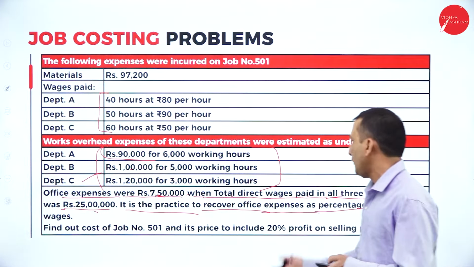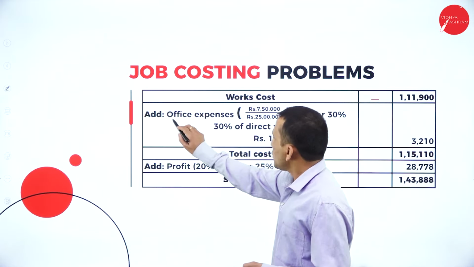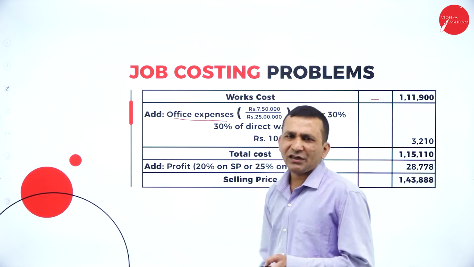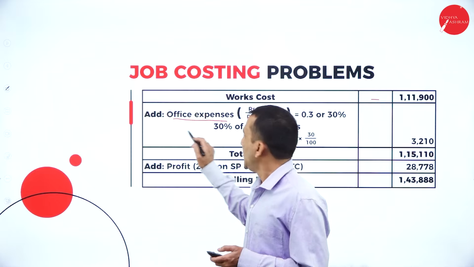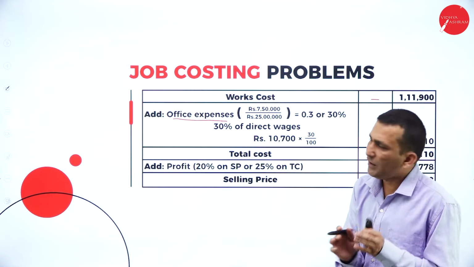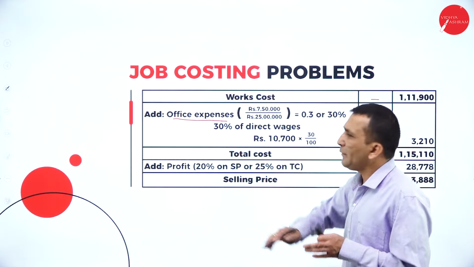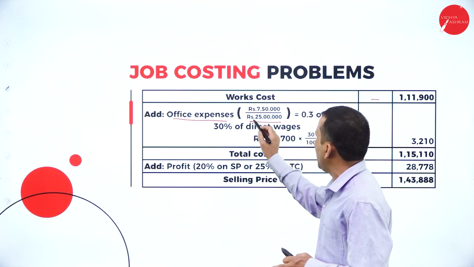So with the help of the information provided, now after getting the work overheads or work cost, we are adding office expense. The 7,50,000 which is given is the numerator, divided by the total wages, 25 lakhs.